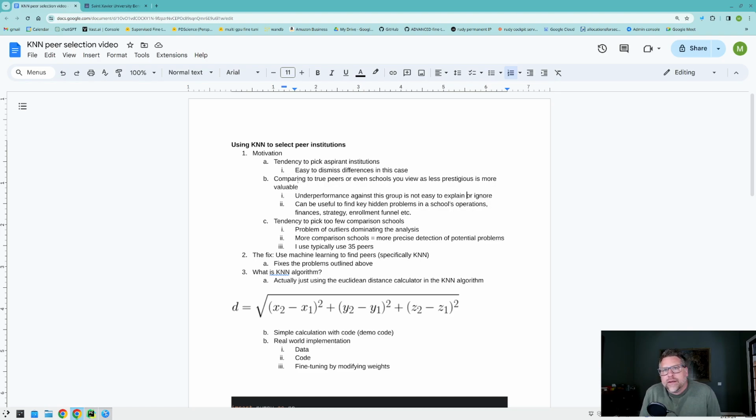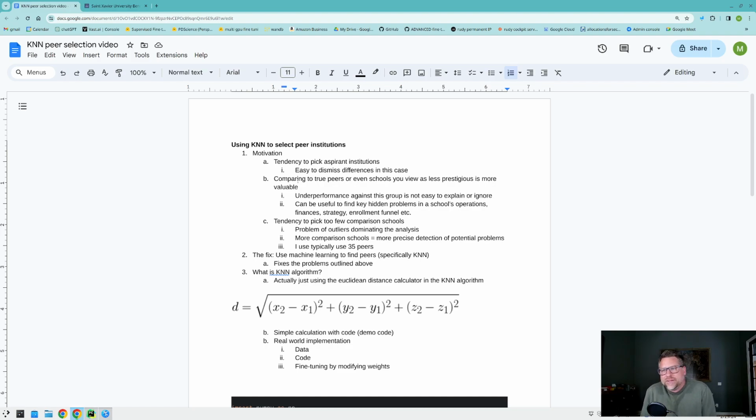The problem with a peer set that's all aspirational is that a lot of times those schools are not very much like the school under study, at least not today. They have a lot more revenue, a lot more students, way higher demand for their products, essentially. They're more selective. And all of those things allow that school to be very different in the data as well.